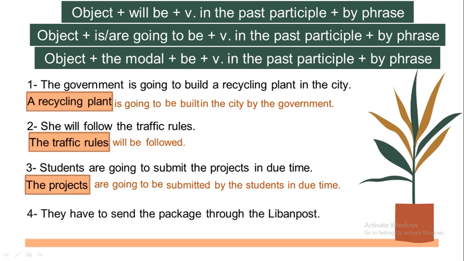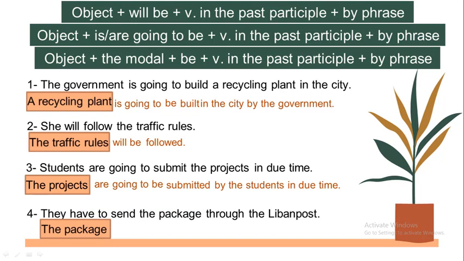The last example, they have to send the package through the Lebanon post. Have to send, it's a modal phrase, so we'll use the third rule, starting with the receiver of the action, which is the package. Now, after the receiver of the action comes the modal or the modal phrase plus be.